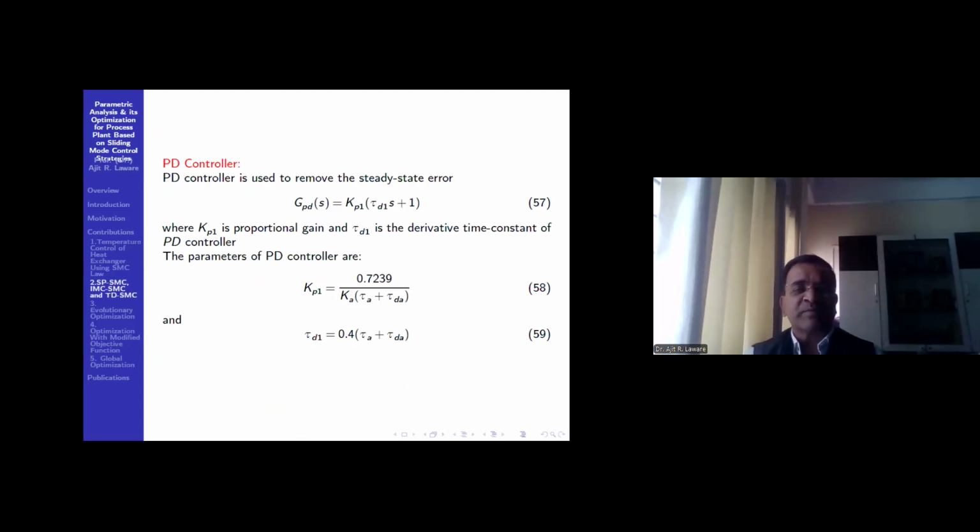This PD controller is used to remove the steady state error. In equation 57, KP1 is the proportional gain, tau D1 is the derivative time constant, and these are the parameters given for the PD controller over there.